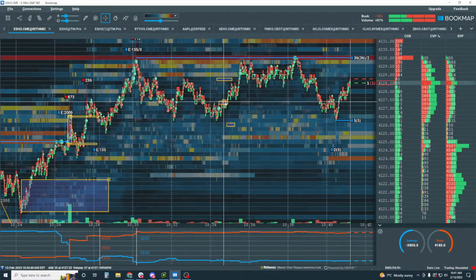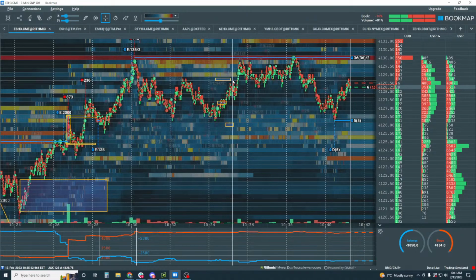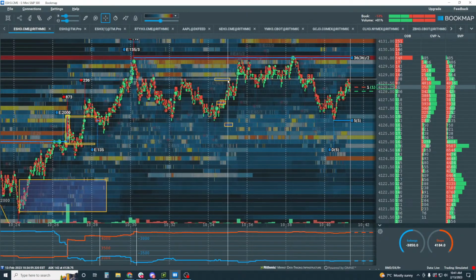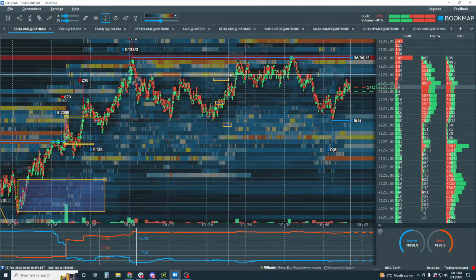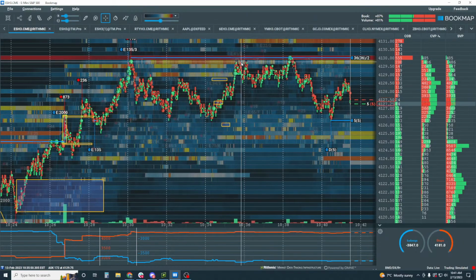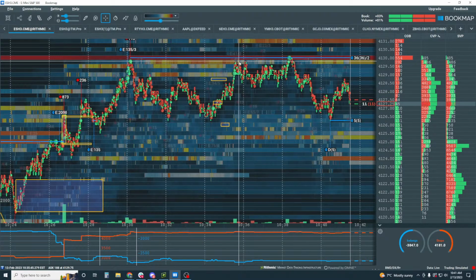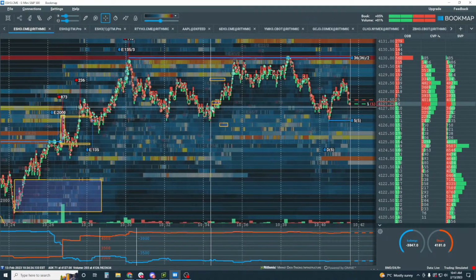And if you get stopped out on one, you won't be ruined if you just take one partial here, or one full winner here, basically, versus one stop out. You've got to figure that out.